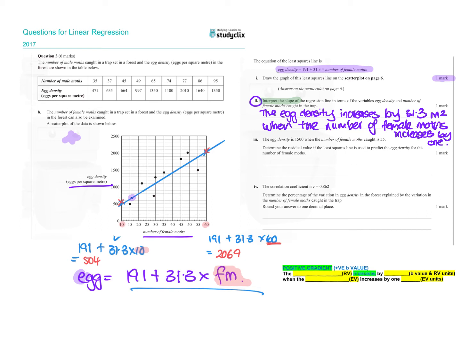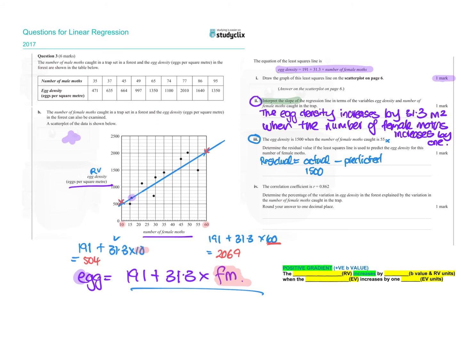Okay, the next question, I'm going to do this one. The egg density is 1500, so that's a Y value, when the female moth is 55, so that's an X value. Determine the residual. So if you write the formula for residual, it is actual minus predicted. So when they tell you the egg density was 1500 when the female moth was 55, they just told me the actual.